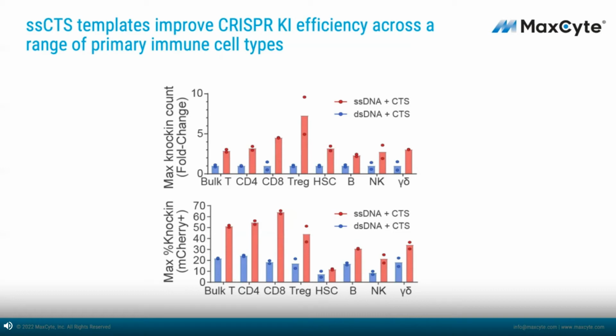And you can imagine that it's not just immune cells which don't like having DNA put into them. For any cell type which is sensitive to exogenous DNA, I would imagine that the single-stranded CTS approach would allow you to achieve higher efficiencies compared to any alternative approach using double-stranded DNA or unmodified single-stranded DNA.